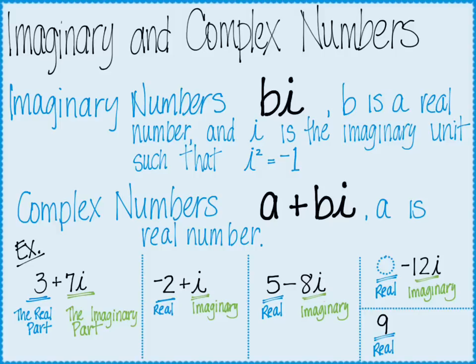Well, remember, 9 is the real part, plus 0 times i as the imaginary part. So if you think about it, all real numbers can be considered complex numbers. It's just that the b is 0. You pick any real number and it is part of the complex number system.